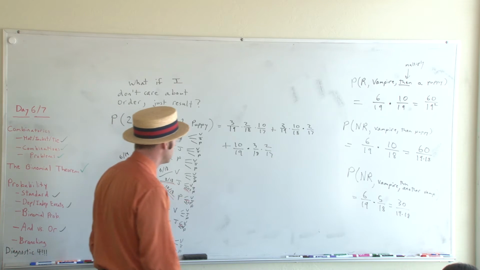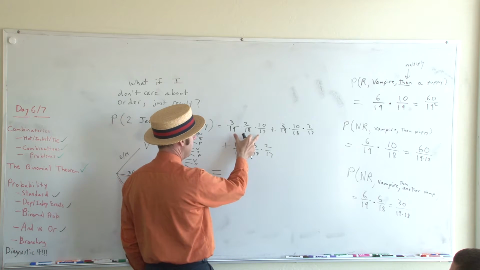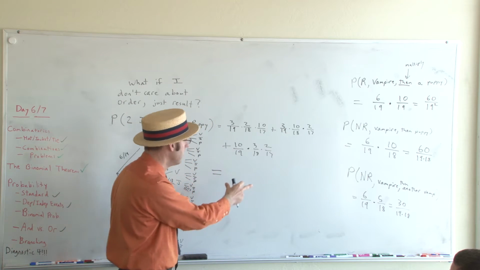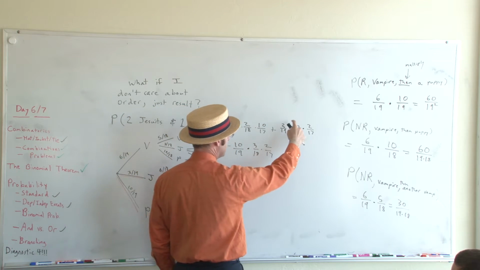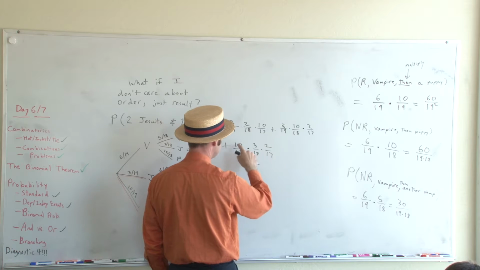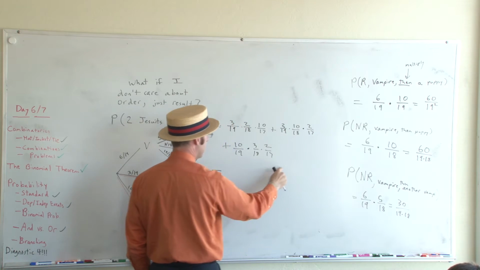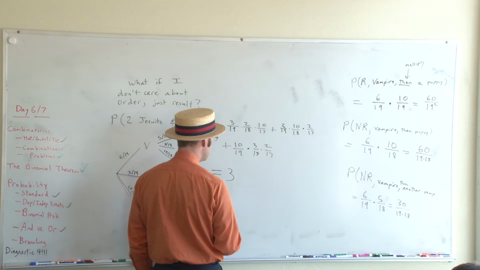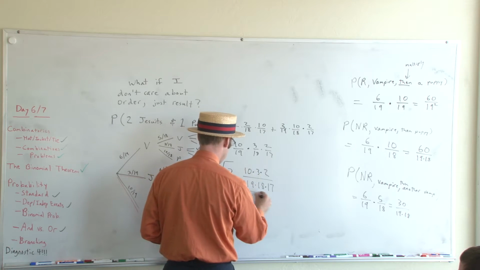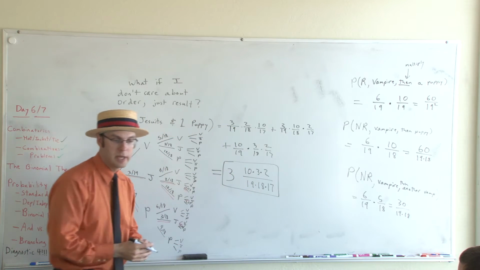But what you'll notice is that these 3 are all the same number. I got 3 times 2 times 10, 3 times 2 times 10, 3 times 2 times 10, over 19, 18, 17. So it's just 3 times. You would multiply all that together and get your answer.